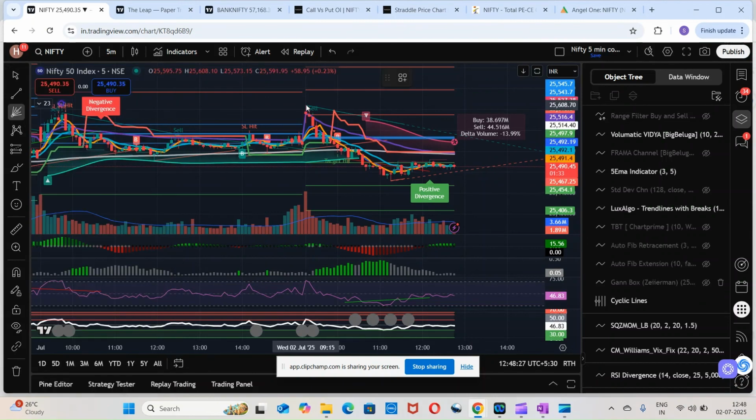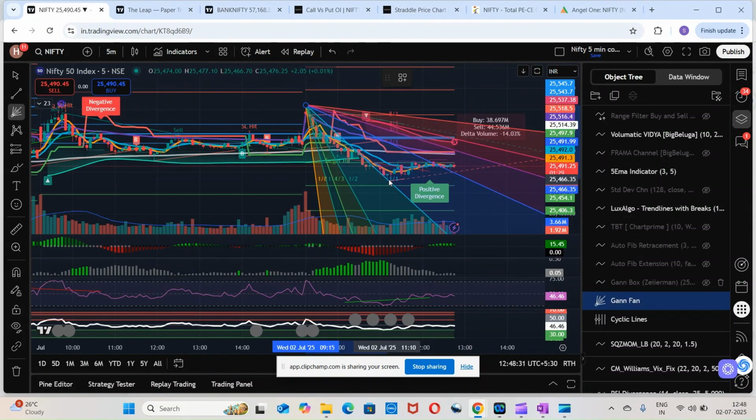So something like this you need to do, swing high to low. If you mark like this, you will get this Gann fan also. The one-into-one is the main thing. So like this you can plot Gann fans also and do the trading.